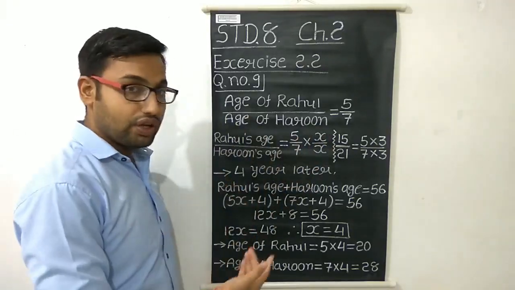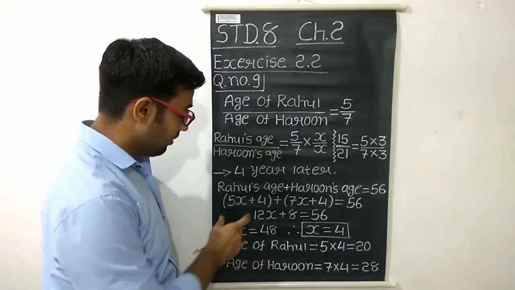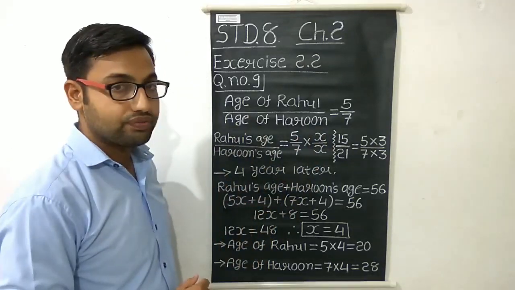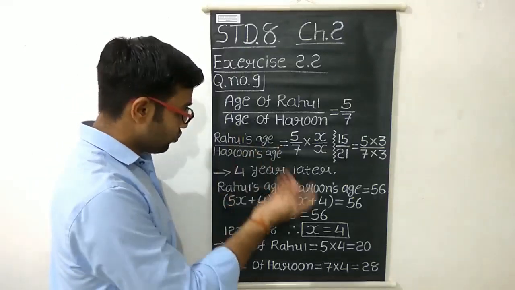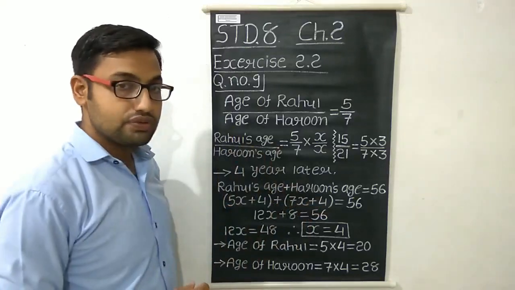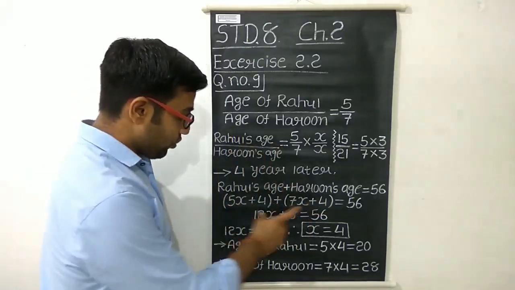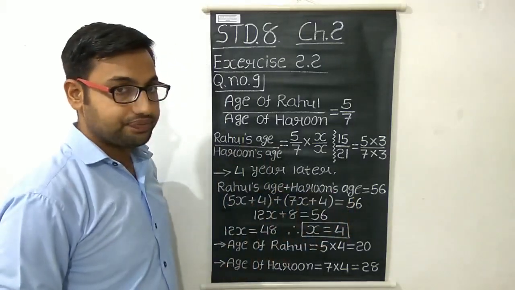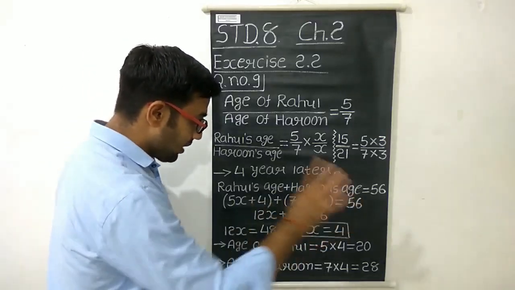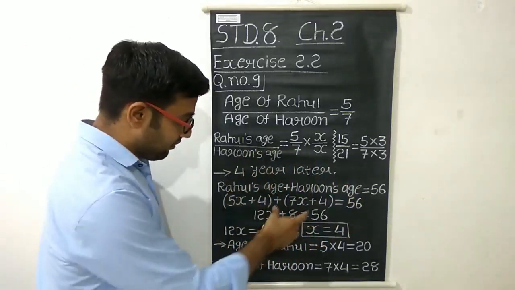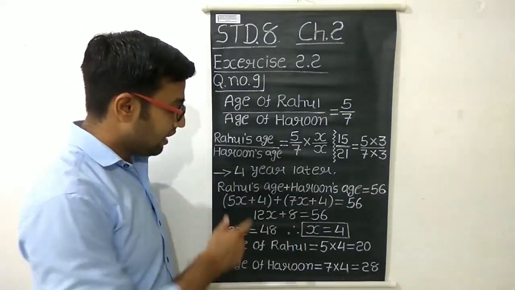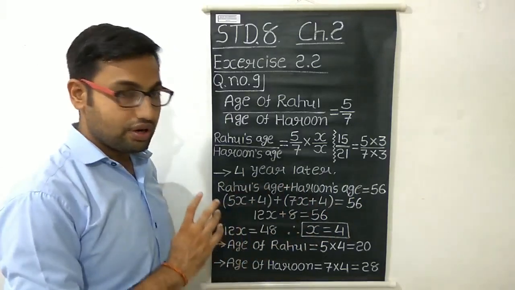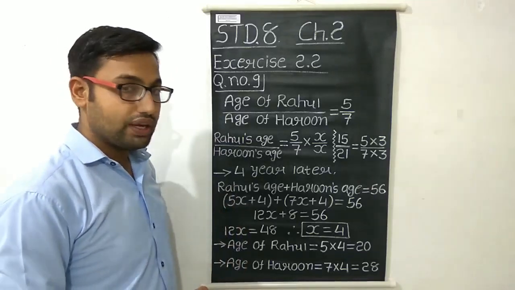After 4 years, Rahul's age will be 5x + 4. In the same way, after 4 years, Harun's age will be 7x + 4. And the total is 56. Now this becomes an equation with a variable on one side and a number on the other side. Now we will simplify this and find the value of variable x.